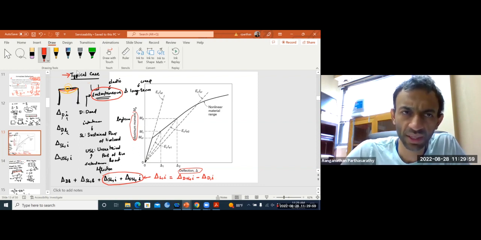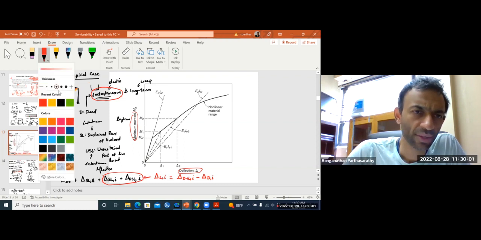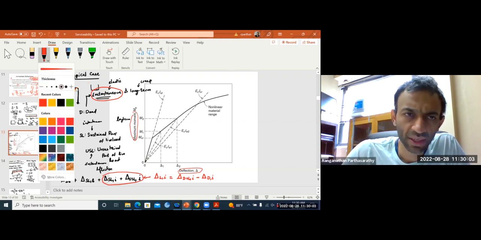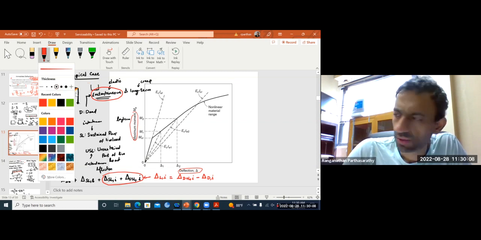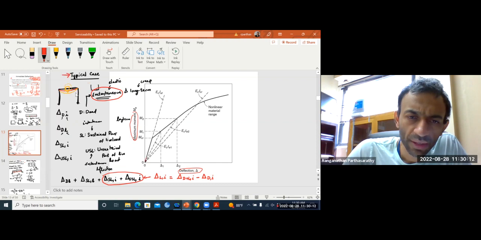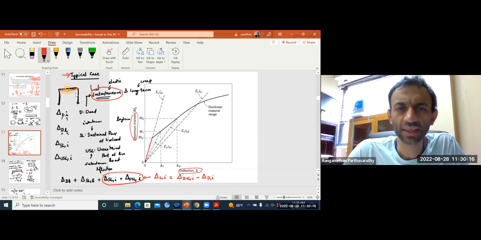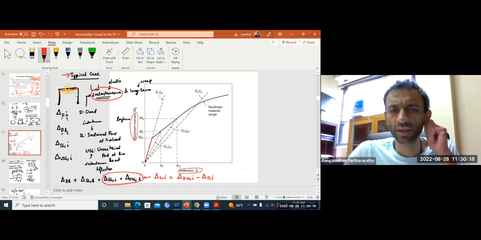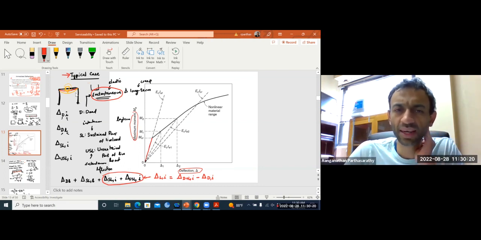Then what will be the loading path? Loading path is along here. So you load it all along here, and then here it cracks, right?